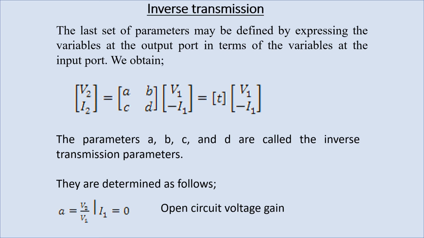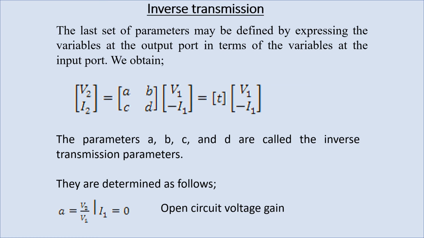It's the last of the 6 parameters of the two-port network, and its formula is simply V2 equals a V1 minus b I1, and I2 equals c multiplied by V1 minus d multiplied by I1.